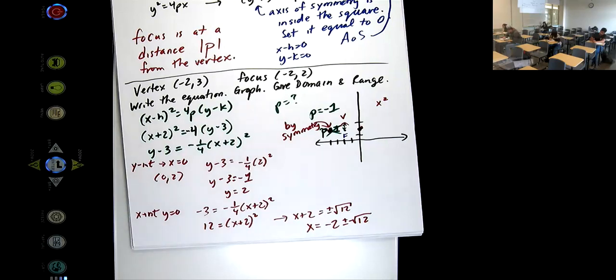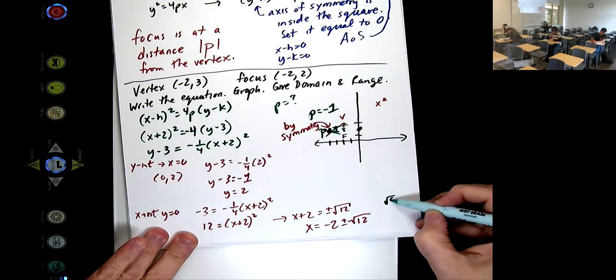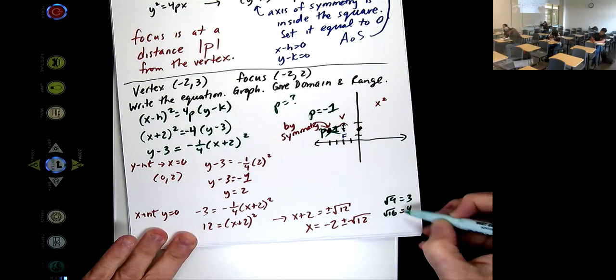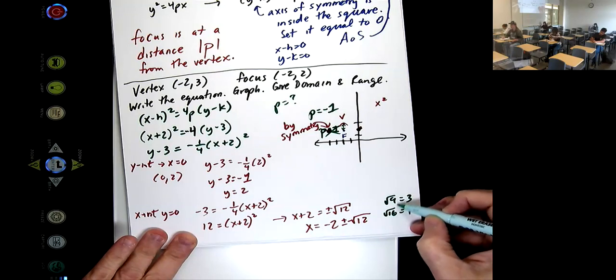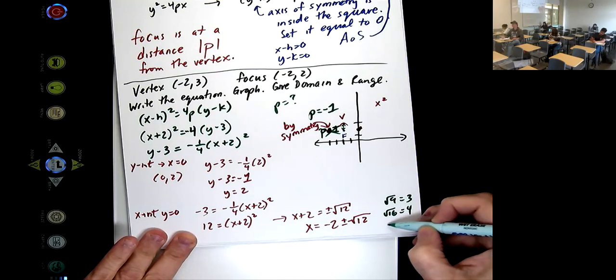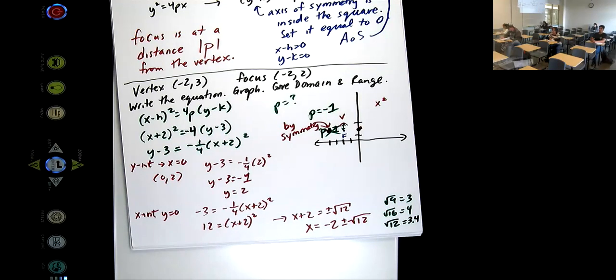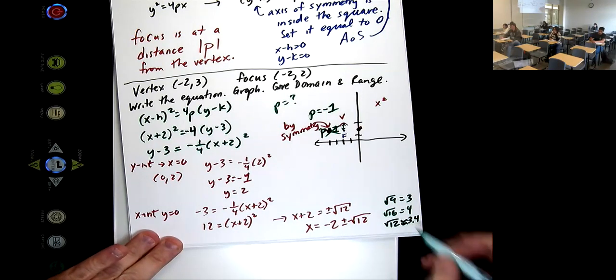I'm going to estimate this. The square root of 9 is 3. The square root of 16 is 4. 12 is a little bit closer to 9 than to 16, so I'm going to say this is probably a little bit below half. This is approximate, I'm guessing here.